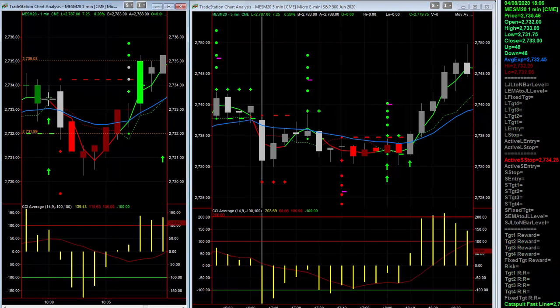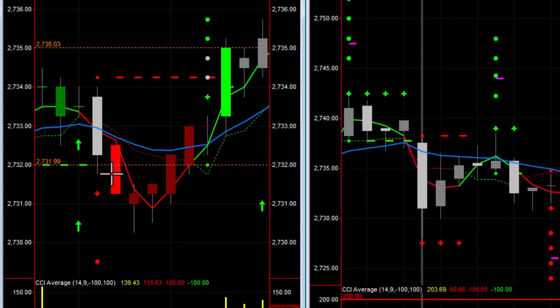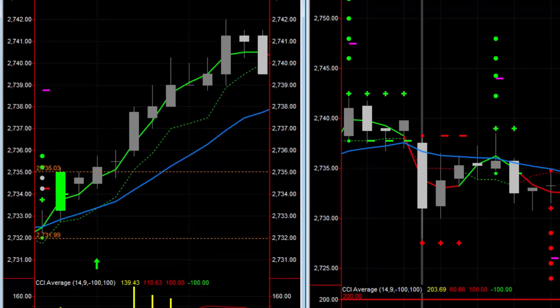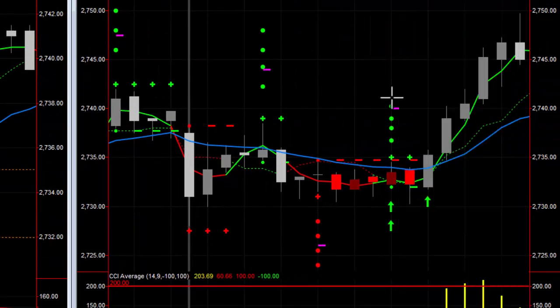So I could see that what happened was the price came down and touched the stop, and then later came up and hit the entry. Now, did it come back down and stop out, or did it keep on going up to its targets? In this case, it kept on going up. So that tells me that this trade here on the 5-minute chart was a valid trade. It hit the entry and kept on going.